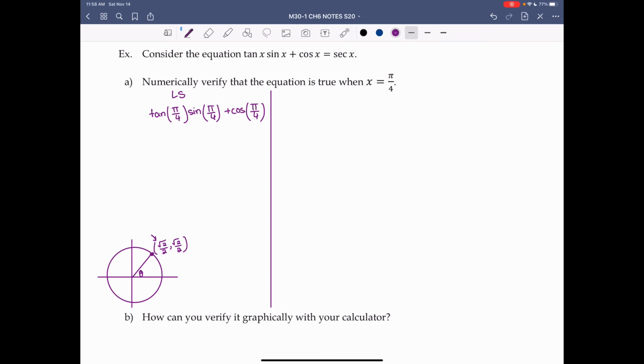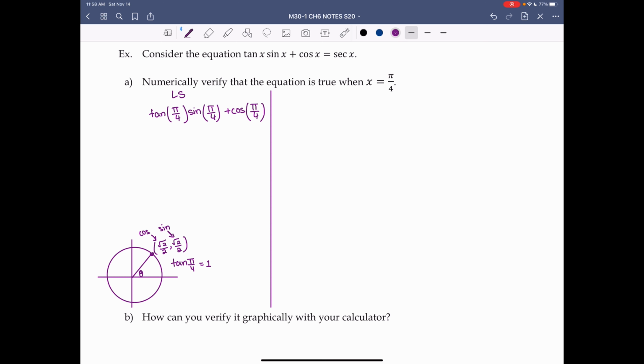Then cos is root 2 over 2, and sine is root 2 over 2, and then tan of pi over 4 would equal 1, because we're doing sine divided by cos, which is root 2 over 2 divided by itself, which gives us 1.